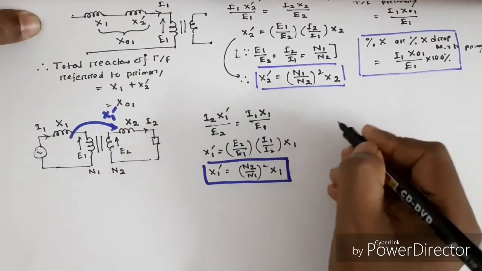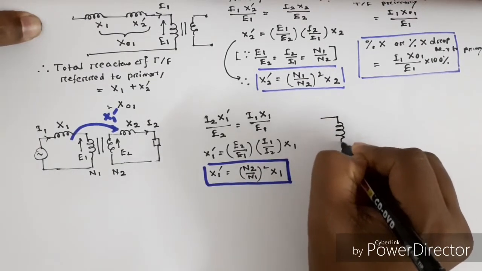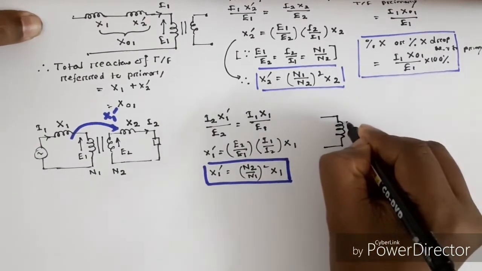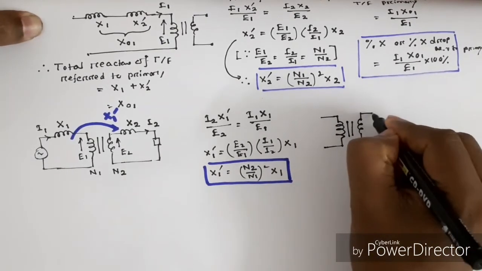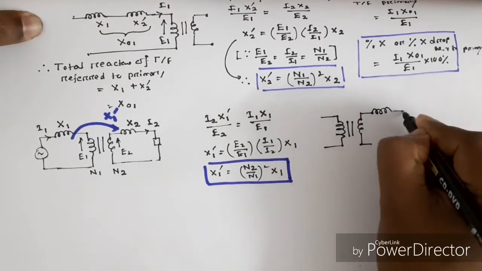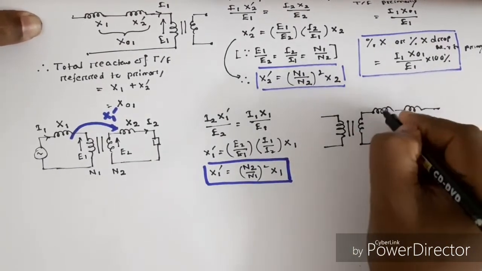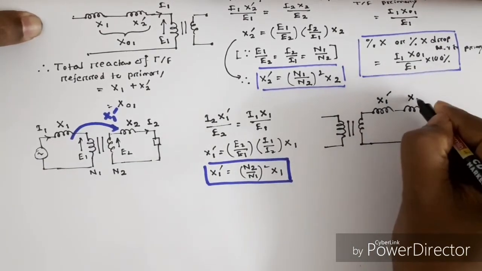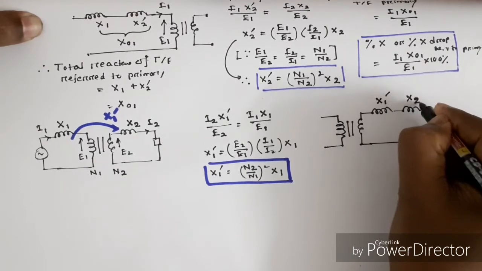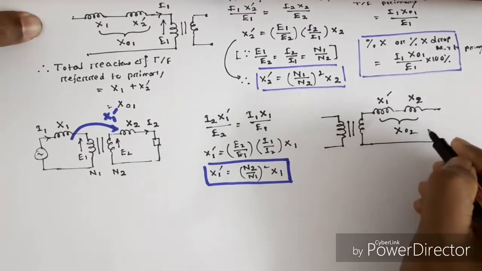So we can write down the equivalent circuit of transformer considering only reactance referred to the secondary side. This is the X1 dash, this is the X2, total is X02.